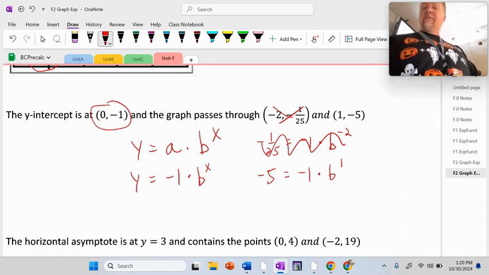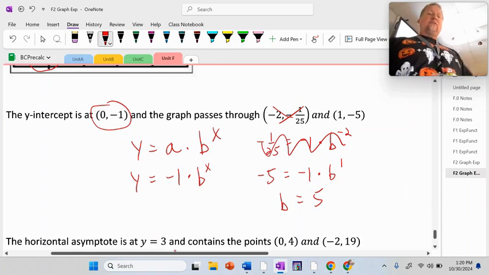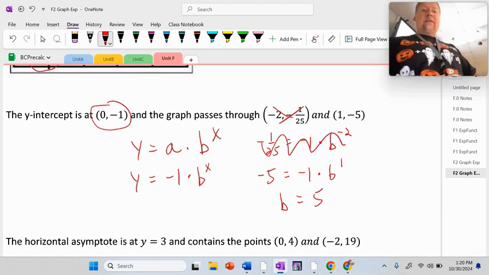I'm sorry, it's 5. All right, so b equals 5. I wish this was better, like this was 2 comma or 7 comma. Then you would have had to do a system and then solve for b. But they gave me the 1 comma point. I already know what the a value is, so I already know what b is.